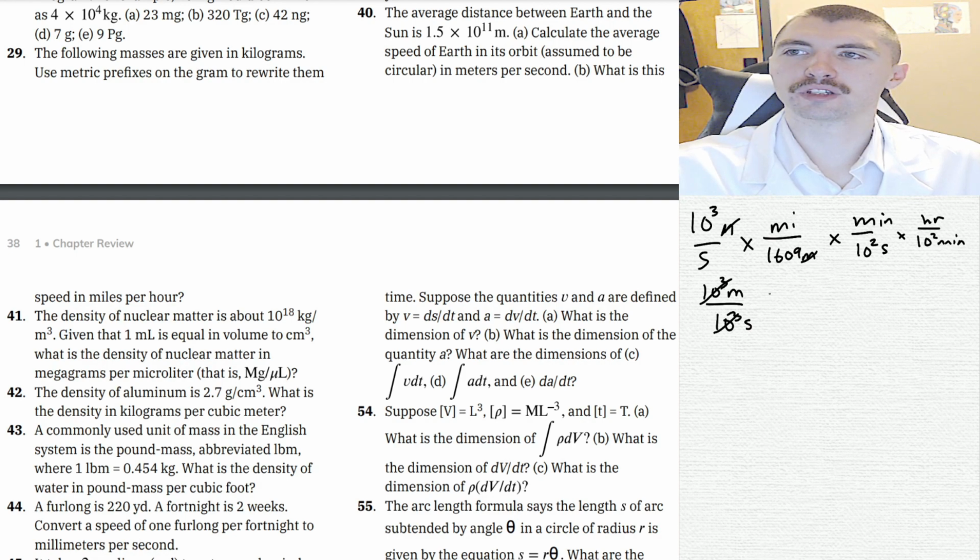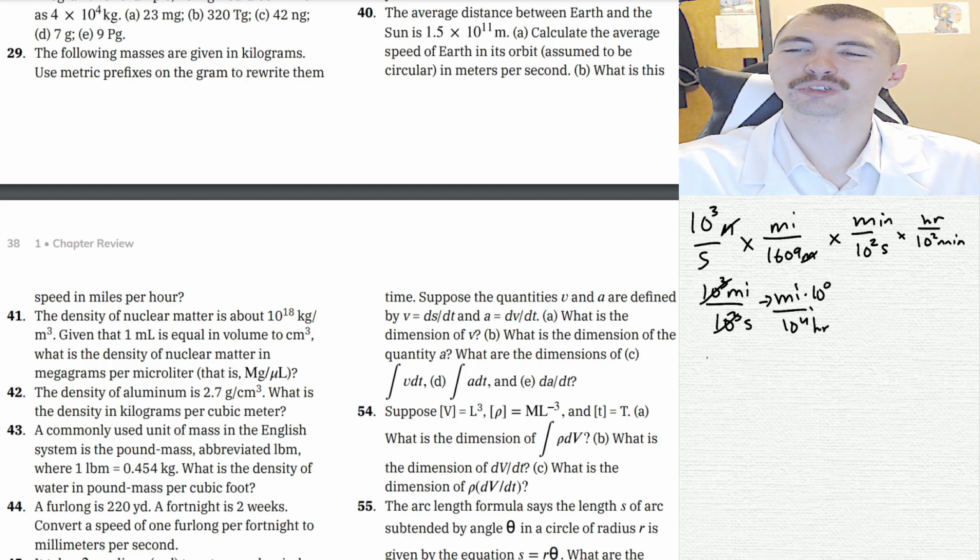So we're left with, this should be mile. We're left with mile per 10 to the 4 hours. So this is 10 to the 0.